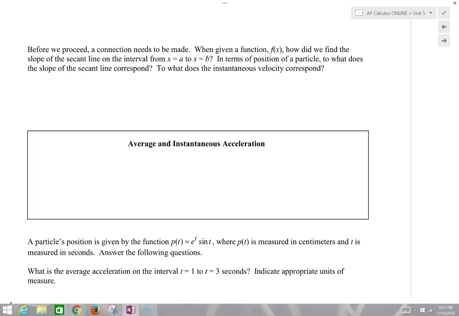Although I've gone ahead and said this a couple of times, we can go ahead and write it down. We need to make a connection between what we've already been doing and now what we're doing here. So how do we find the slope of the secant line?